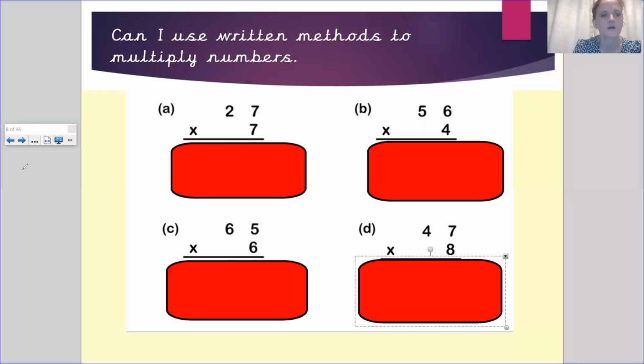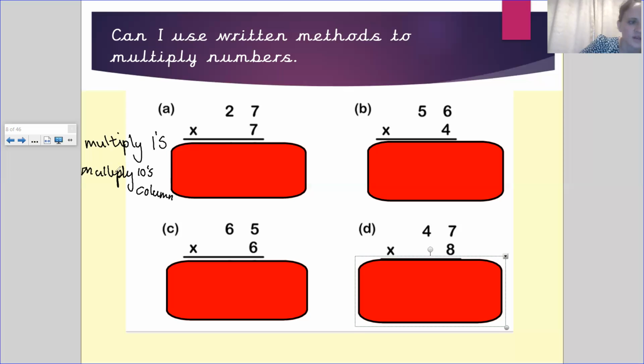we would multiply, I'll write them there, multiply your ones. Okay, so I would say 7 times by 7. Then multiply your 10s column.